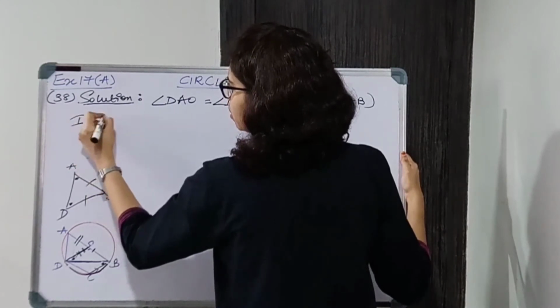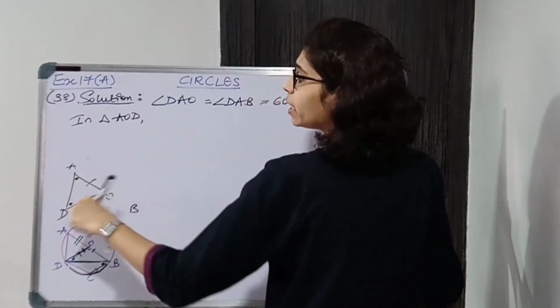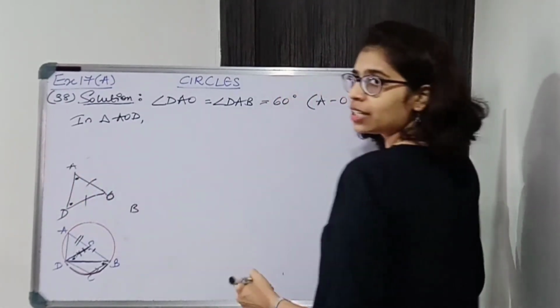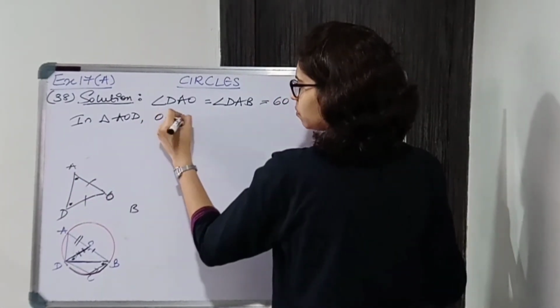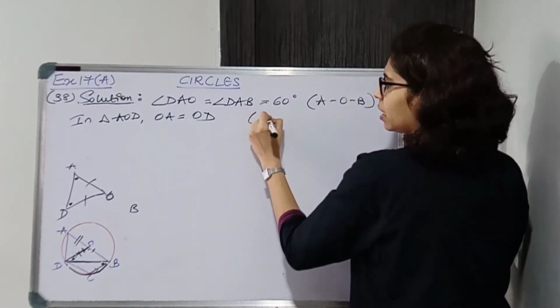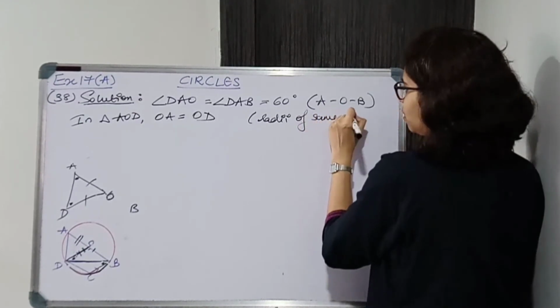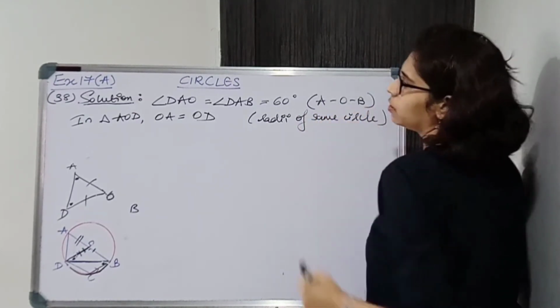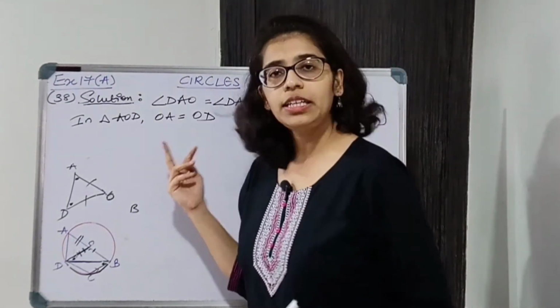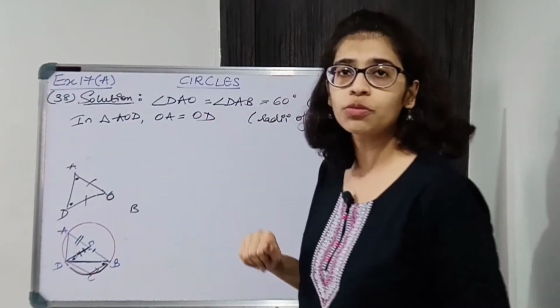Now we'll consider the triangle. In triangle AOD, we know OA and OD both are equal. Okay. Radii of same circle, you need to write down the reason, huh? Now both are equal, therefore इसके base angles भी equal होंगे, angles opposite to these congruent sides.